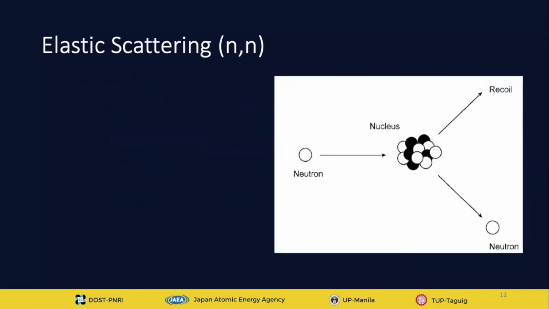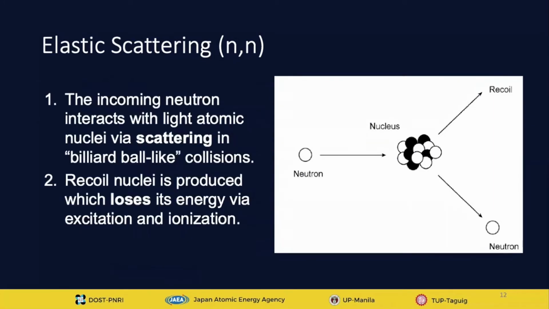Neutron scattering occurs when a nucleus, after having been struck by a neutron, emits a single neutron after the collision.